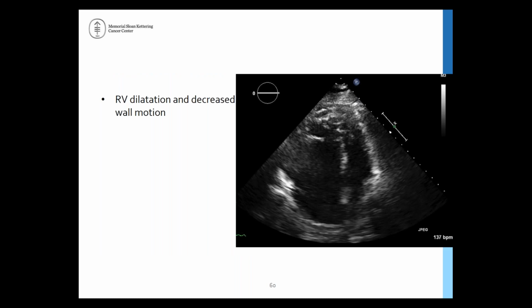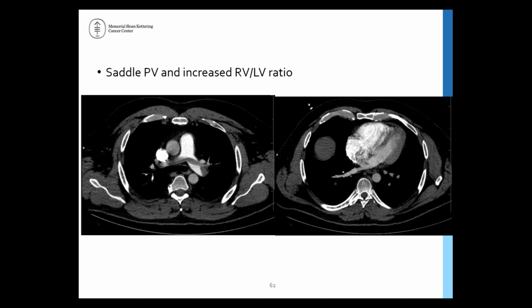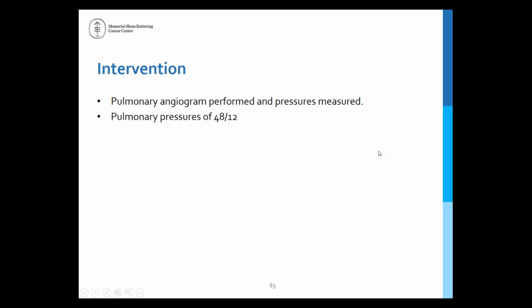The patient had troponin elevation, diffuse ST depression, and on the echocardiogram, the right ventricle is a lot larger than the left ventricle, and the wall motion was impaired. The patient had a VQ scan. I don't know why they did that, but we asked for a CT so that we could really characterize where the pulmonary embolus was. And of course, the patient has this large saddle embolus, and this right ventricle that is larger than the left ventricle.